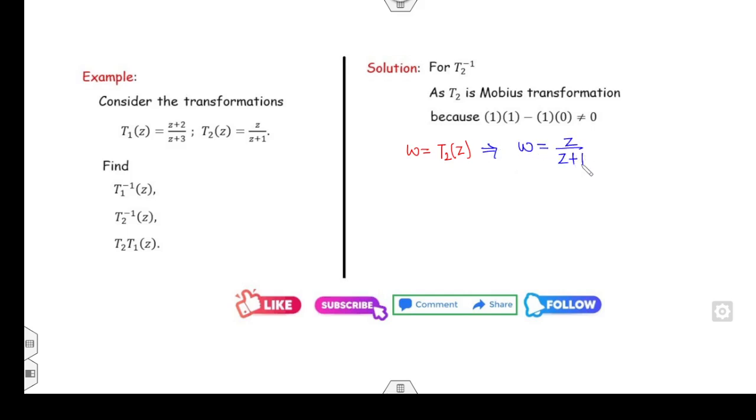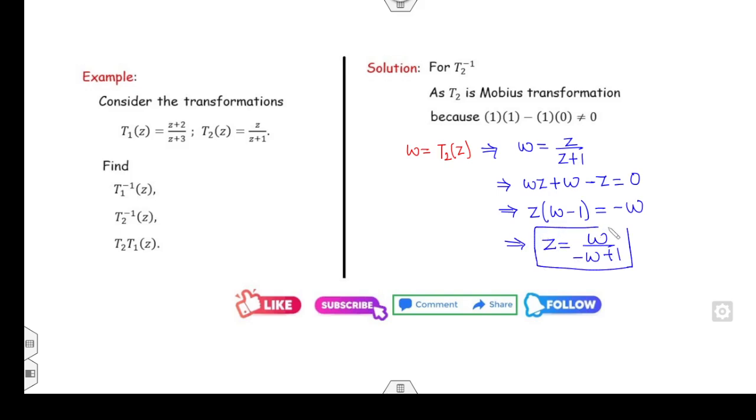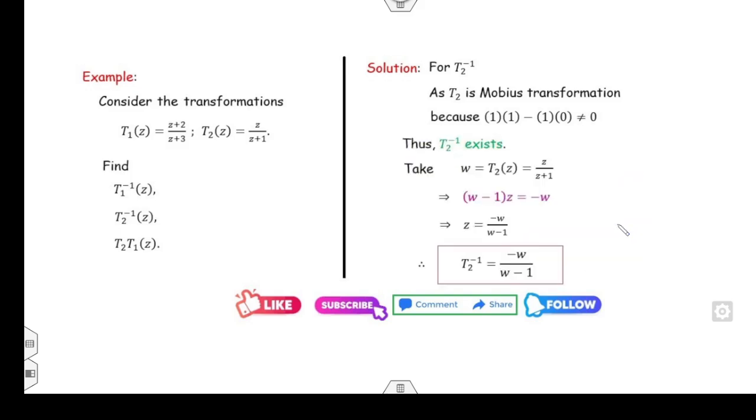W is equal to Z over Z plus 1. I can cross multiply them. WZ plus W minus Z is equal to 0. I can take Z common, W minus 1, which is minus W. So I can write Z equals W over minus W plus 1, which is the T2 inverse.